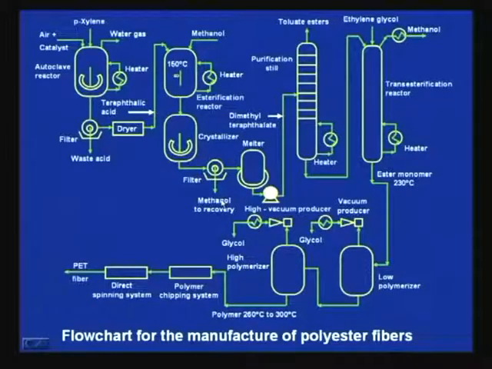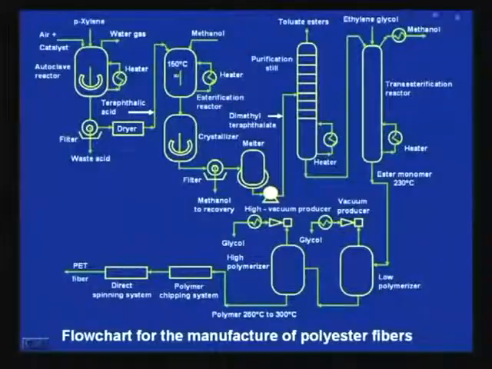So, here you see a reactor type where this terephthalic acid is synthesized. That means, in that installation, instead of buying DMT, that manufacturer themselves manufacture this DMT in their own plant.